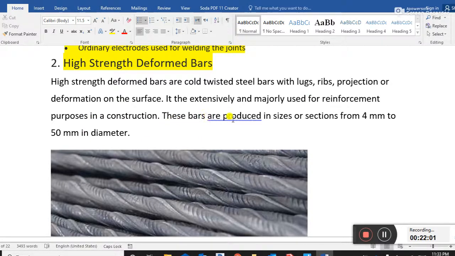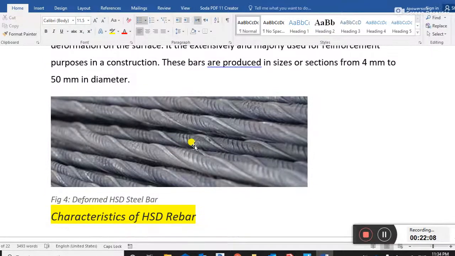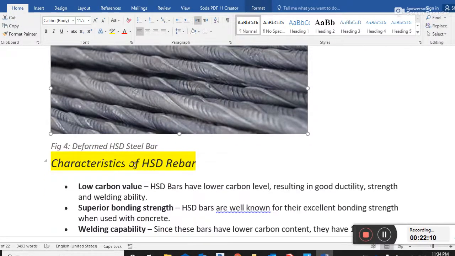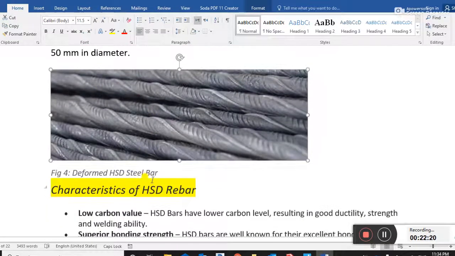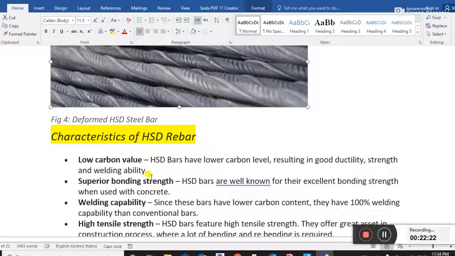These bars are produced in sizes from 4 mm to 50 mm. Guys, HSD means high strength deformed bar.